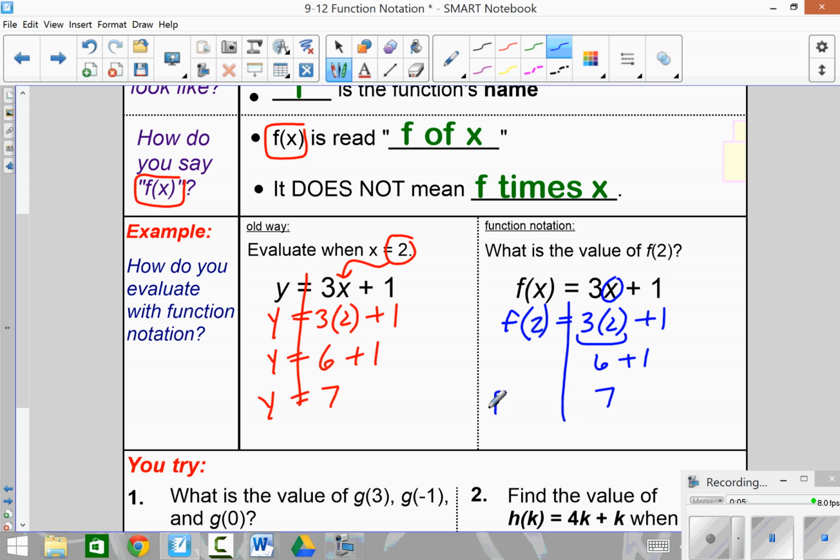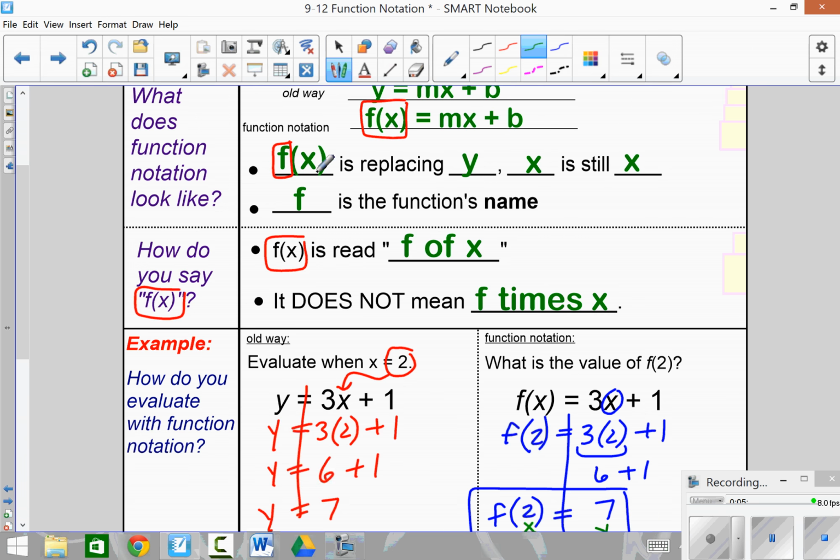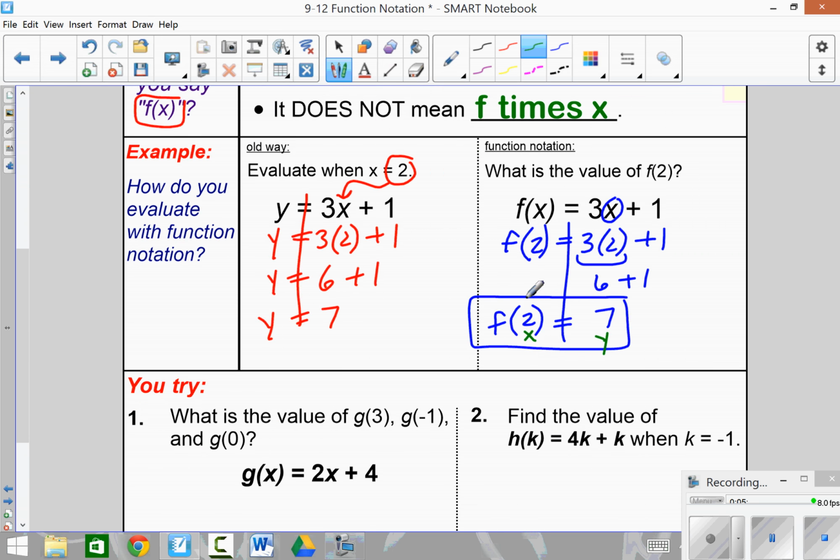That means in this function f, when the x part is 2, the entire thing equals 7. That's how you would read function notation. Keep in mind, this 2 is the x and this 7 is the y, because remember, f of x is replacing the y. So f of x is the same thing as saying y.